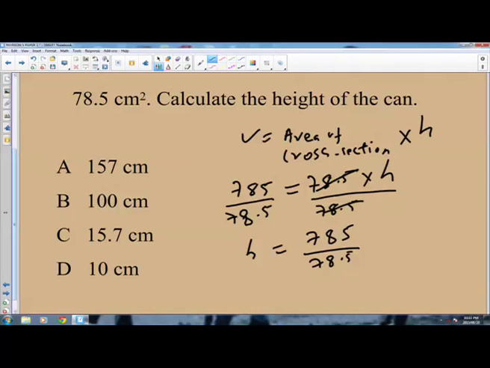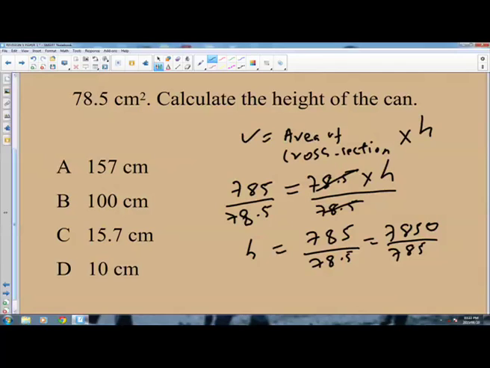And then how do you carry out an activity where you are dividing with a denominator with a decimal? This is the same as 7850 divided by 785. We are simply multiplying the top and the bottom by 10 so that we can divide by a whole number here.